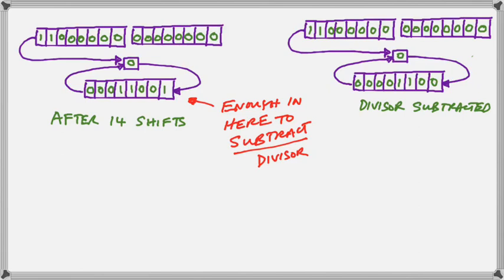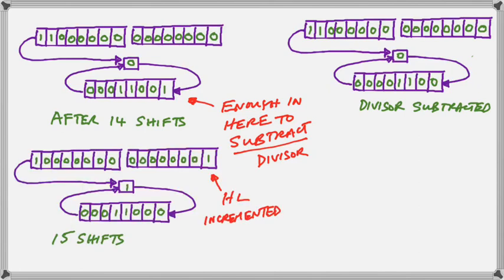And we now have to shift some more bits because the right end of our dividend is still in the H register. So once again, using the carry bit, we shift out another bit. And after shifting out another bit, we have to increment the HL register for the last subtraction that we did.